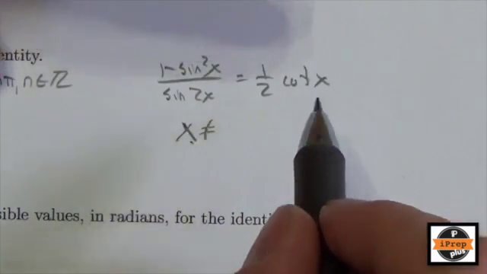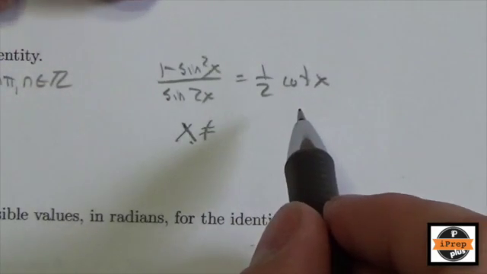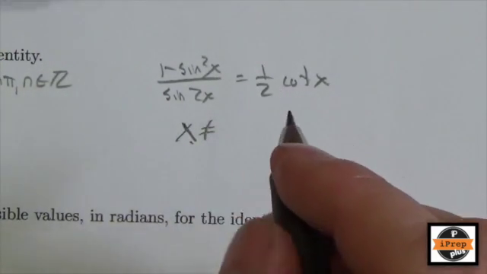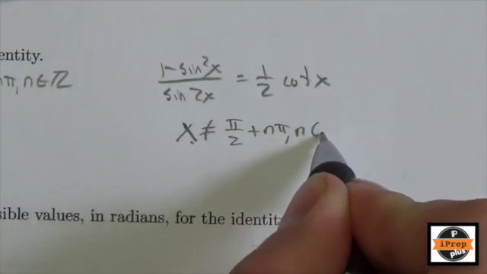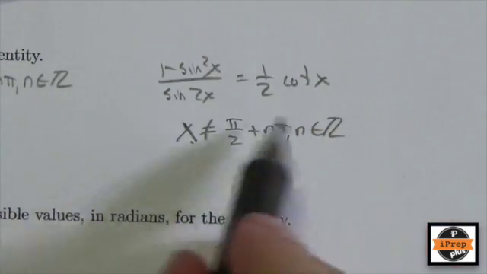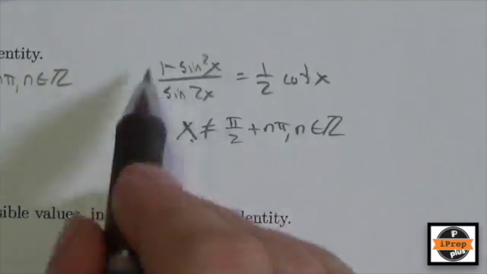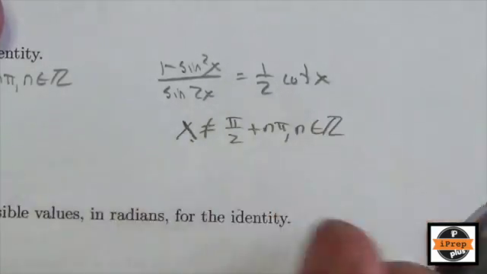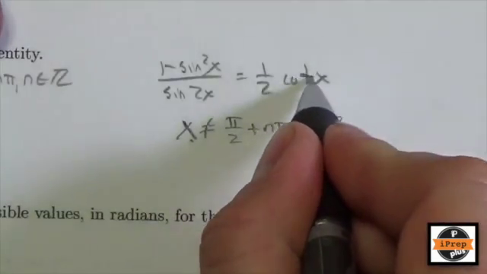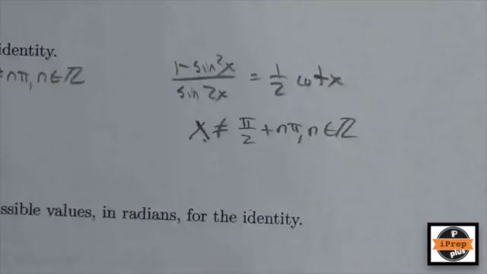Where are these two not the same? And the answer is they're not the same at pi over 2 plus n pi, where n is an element of the integers. This is a restriction that comes out of the left-hand side that does not pop out of the right-hand side. And so that needs to be stated in order to really make this a true statement.